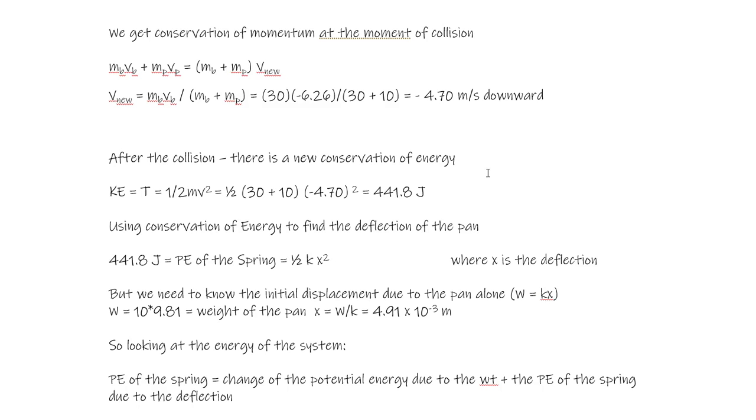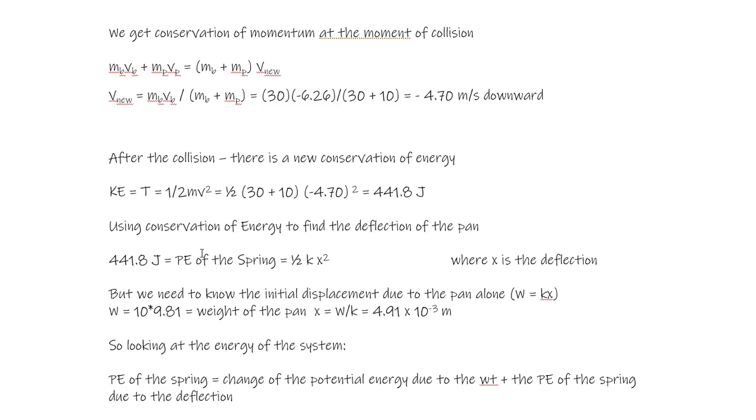We've got a new conservation of energy problem, but now we have a new kinetic energy portion. Remember we have a perfectly inelastic collision, so we don't have conservation of kinetic energy, but we do have conservation of energy. So we know the kinetic energy after our collision is related to the velocity going downward.